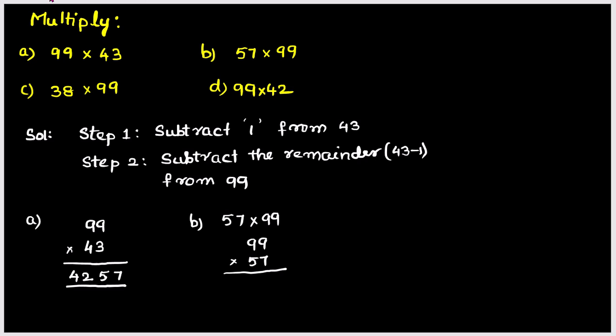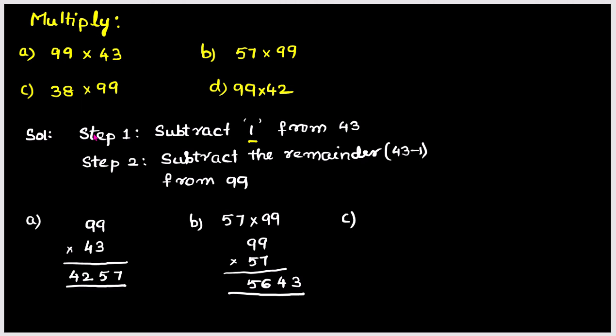So 57 minus 1 is 56. Now this 56 again should be subtracted from 99. 9 minus 6 is 3. 9 minus 5 is 4. Okay, so this is the process, children.